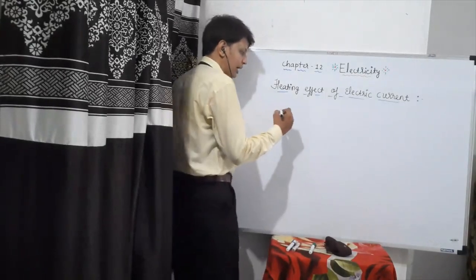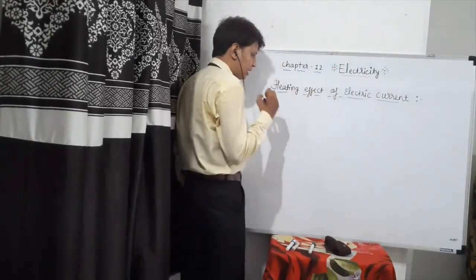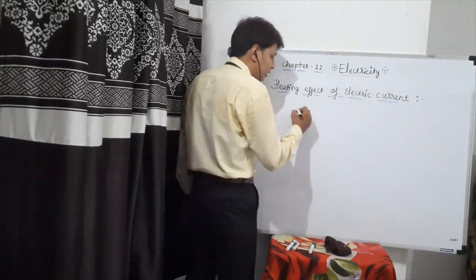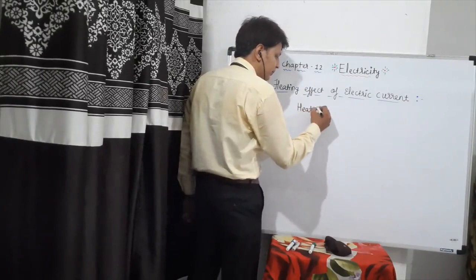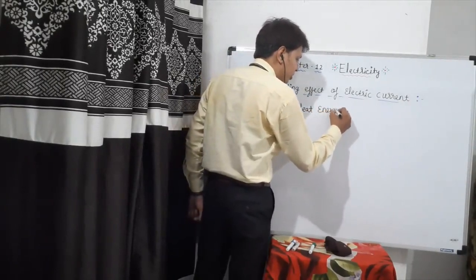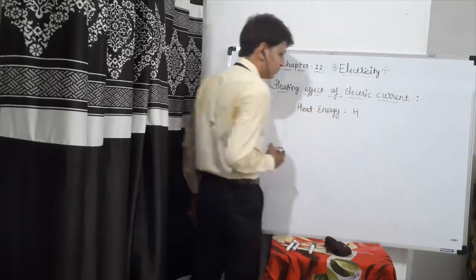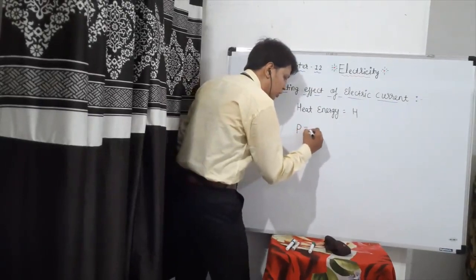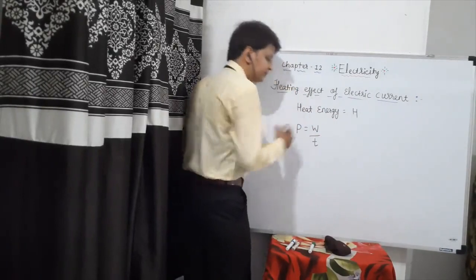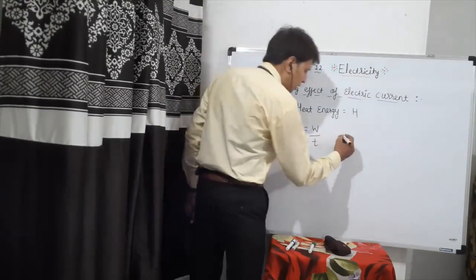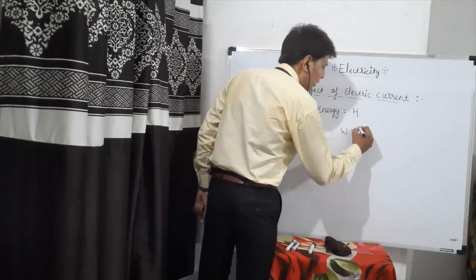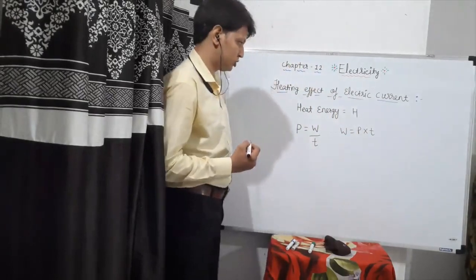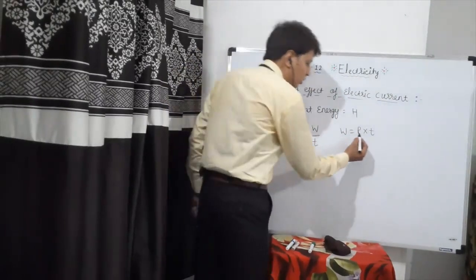So here we are going to calculate that heat energy, and for that I am going to write one equation of heat energy. Heat energy can be denoted by the symbol H. As we know, power is equal to work upon time, so work will be equal to power into time. This was the energy provided by the source.